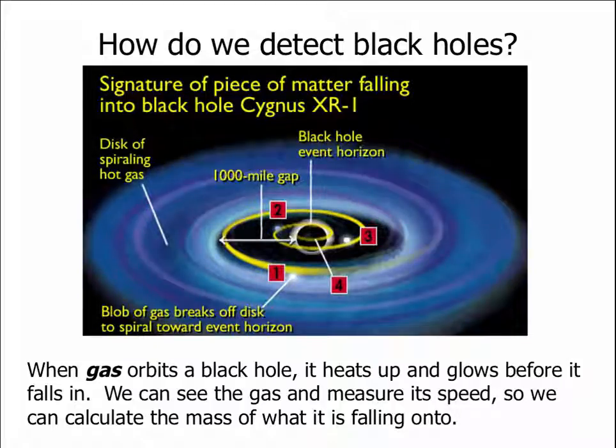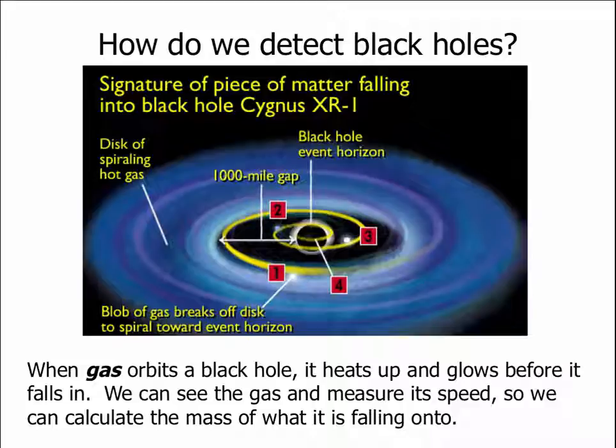So it may glow at radio wavelengths far away, optical wavelengths as it gets close, and even up to X-ray wavelengths right before it falls into the event horizon. And so we can see that light. That light can escape, but once the gas falls into the event horizon, we no longer see any light from it.